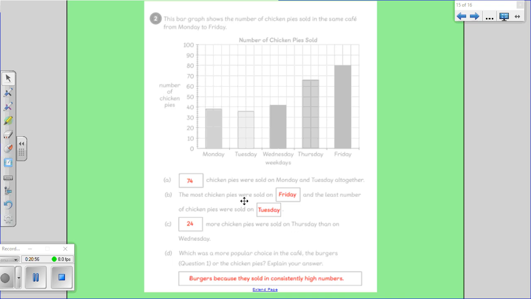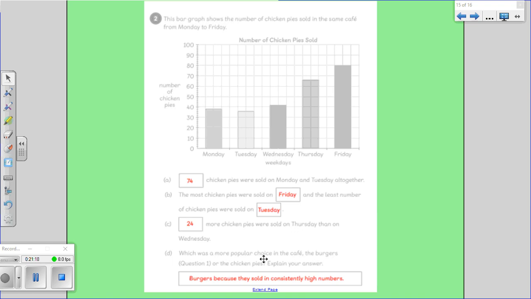The most chicken pies were sold on Friday, and the least number of pies were sold on Tuesday. There were 24 more chicken pies sold on Thursday than on Wednesday. So there you would have had to find the difference between Thursday and Wednesday.